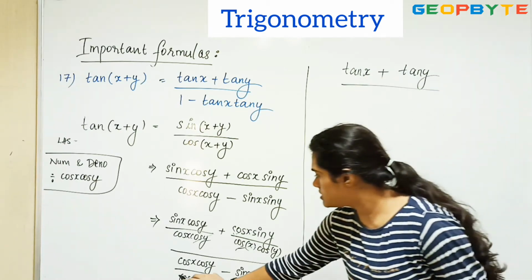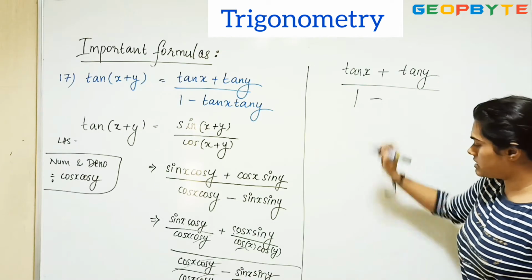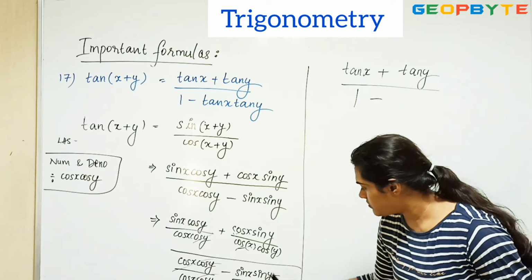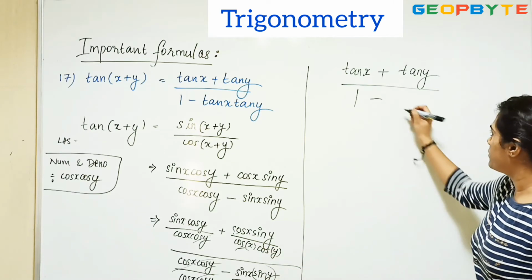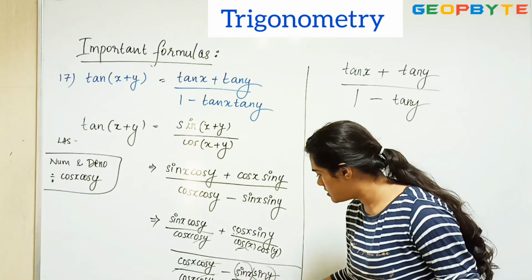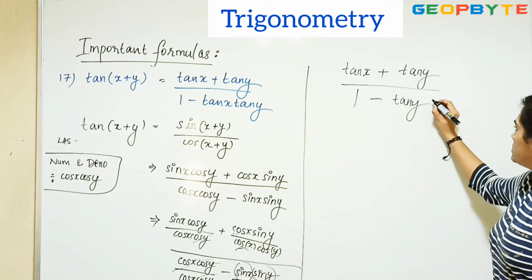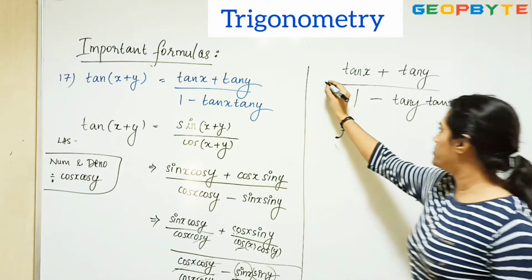Now, this whole thing gets cancelled out, so it will be 1 minus sin y by cos y, which is tan y, right? And sin x by cos x will be my tan x. So you got the formula.